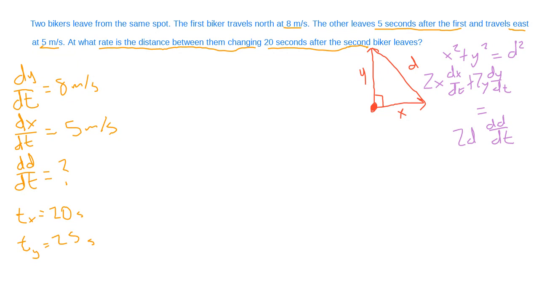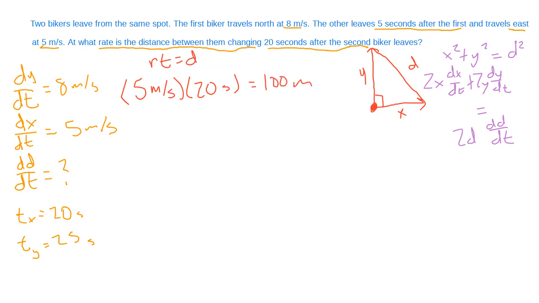But we can actually still solve for it, because if we have a rate and our time, we can use that to figure out the distance. So we can use the formula rate times time equals distance. If we know that the rate for the second driver, dx over dt, is 5 meters per second, and we know that the time he's traveling is 20 seconds, then we know he traveled 100 meters.